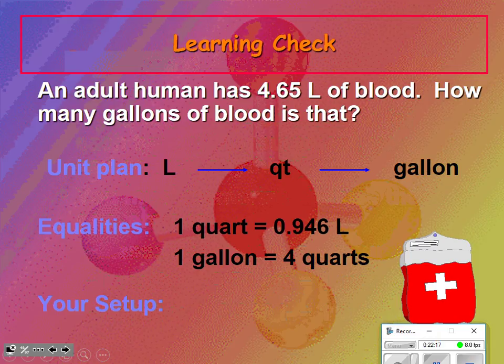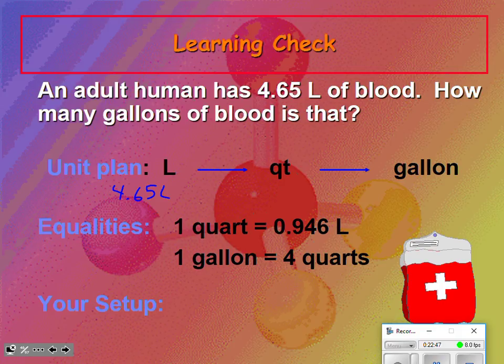All right, we have to go an intermediate route. So, my plan is to convert liters to quarts, then convert quarts to gallons. Liters to quarts, quarts to gallons. So, I'm going to write it up here because I've got more room. 4.65 liters.